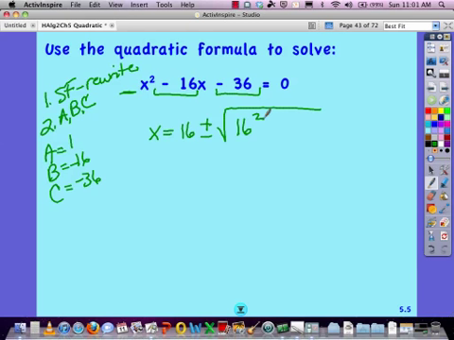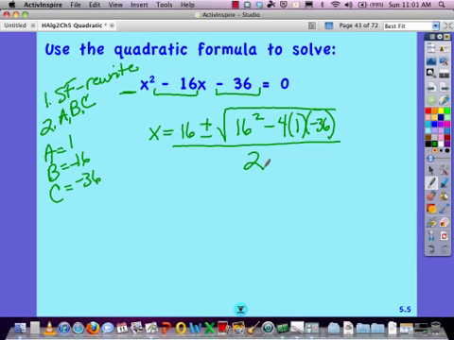B squared minus 4 times a times c, and c is a negative, you need to include that, all over 2 times a. Do that math, and you will have your two solutions for this problem.